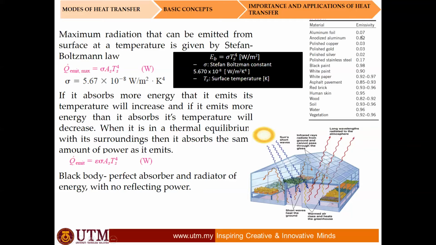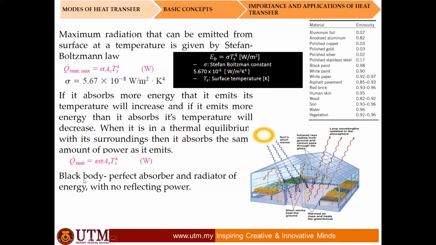You can find your emissivity here. That's why in most construction, especially to build a roof, you put aluminum foil underneath the roof, because it has very low emissivity. If you plug that in here, the absorption of radiation can be reduced.